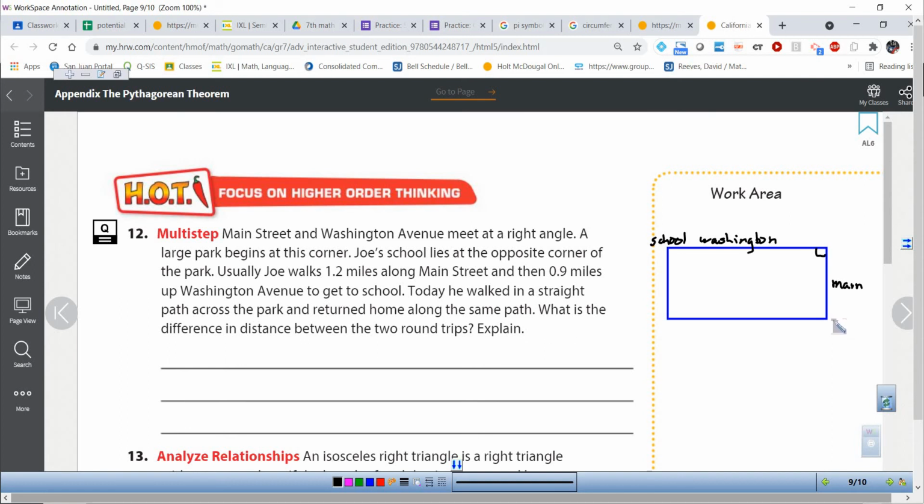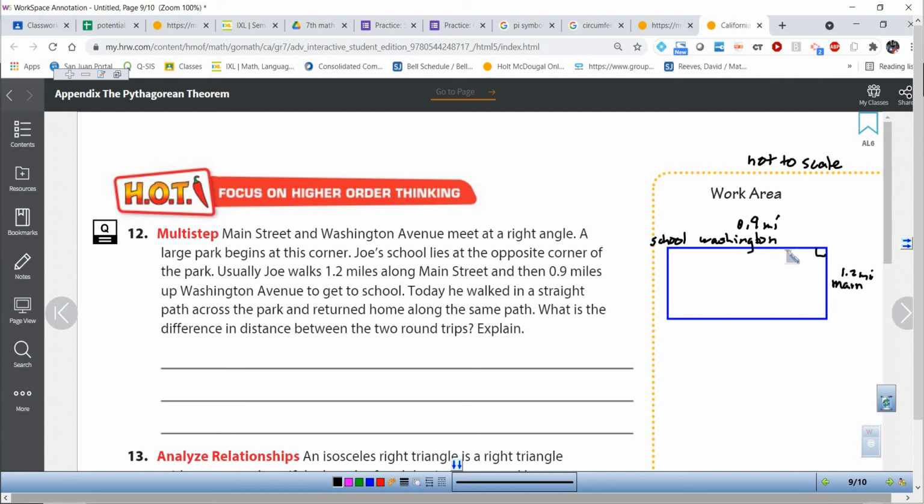Joe usually walks 1.2 miles along Main Street, and then 0.9 miles up Washington Avenue. Once again, this is not to scale. Everybody knows 0.9 is smaller than 1.2.